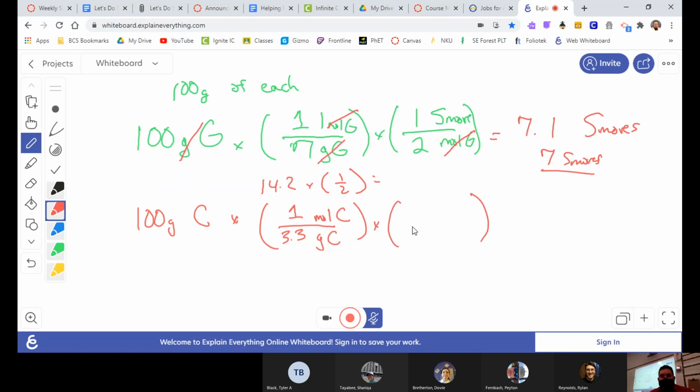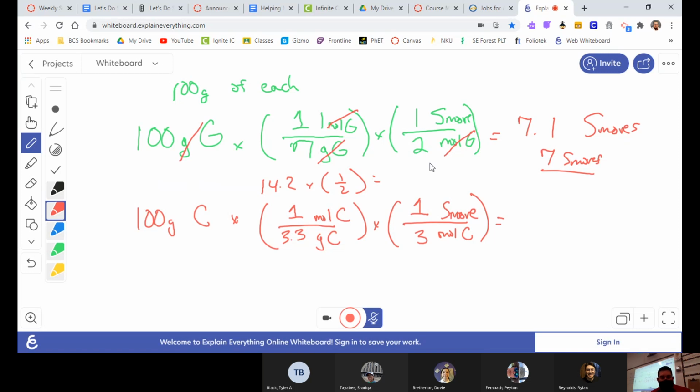And again, I could go mole of chocolate, the s'mores. How many chocolate pieces do I need in 1 s'more? I need 3 in 1 s'more. So 100 divided by 3.3 is 30.3.